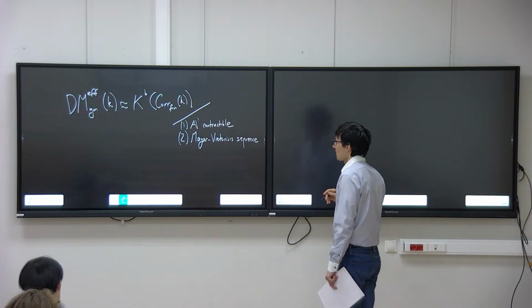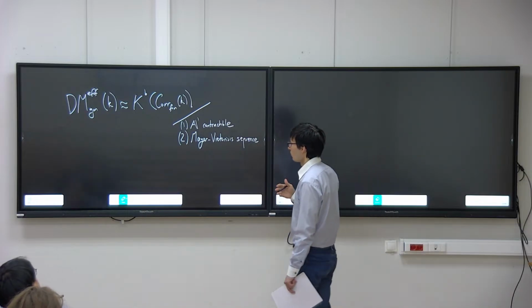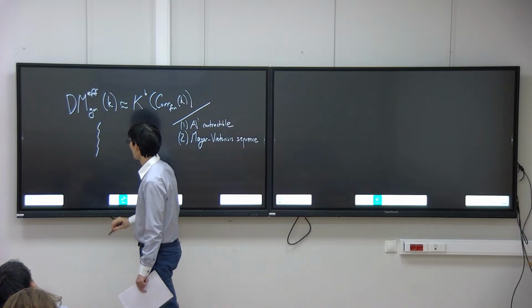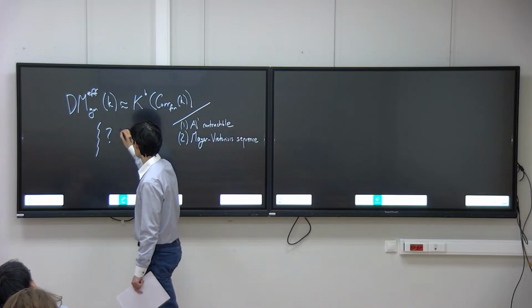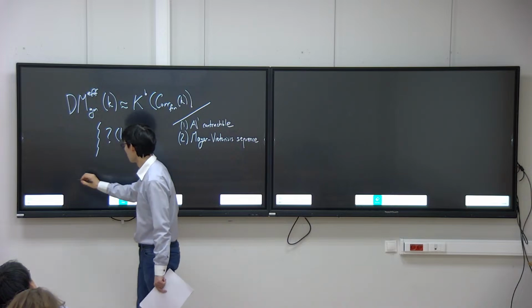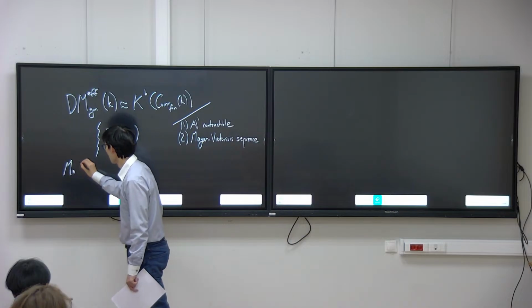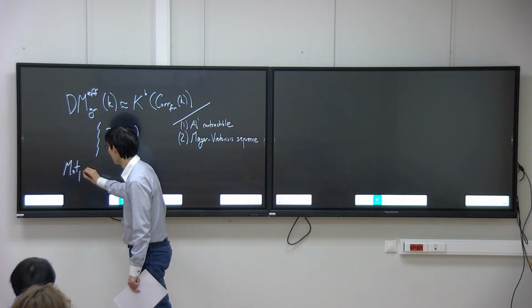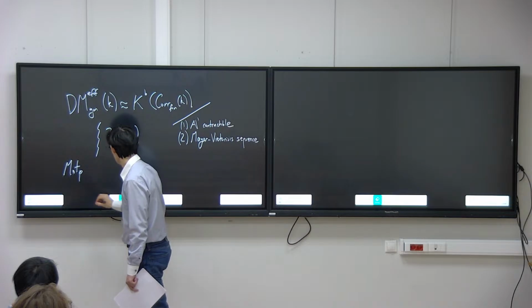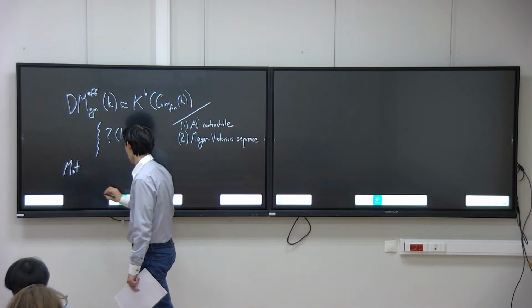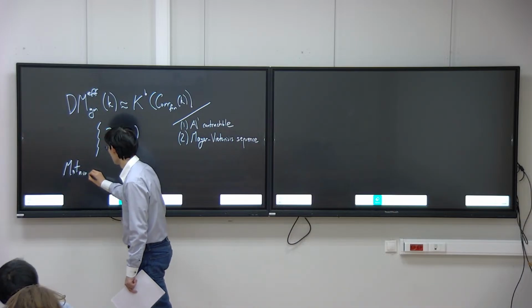Because the idea is we want to compare this category later, maybe, to the classical category of pure motifs, say up to numerical equivalence.